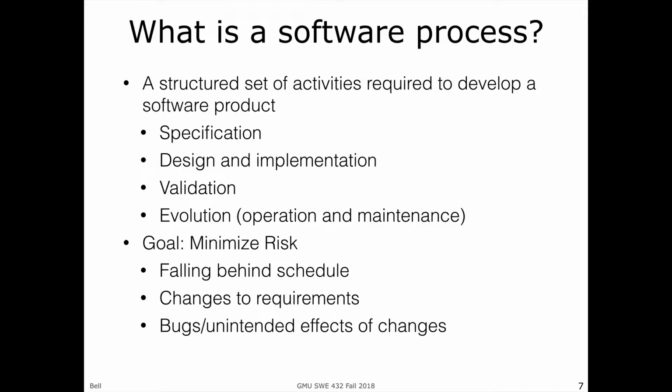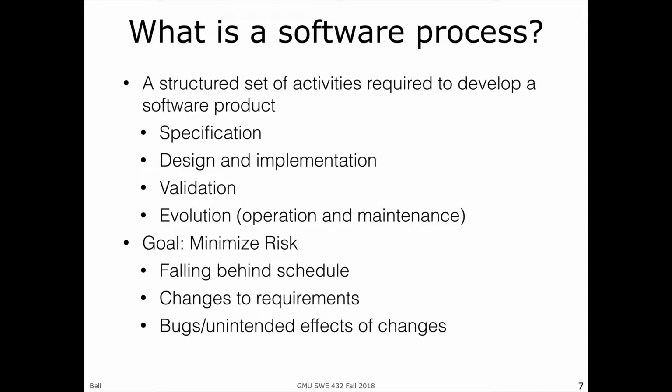So this is maybe a model for how you could develop software. And even if you're not formally doing any sort of process, when you build software, you're probably doing all four of these steps. Hopefully at least the specification and design and implementation phase, and certainly the validation one.